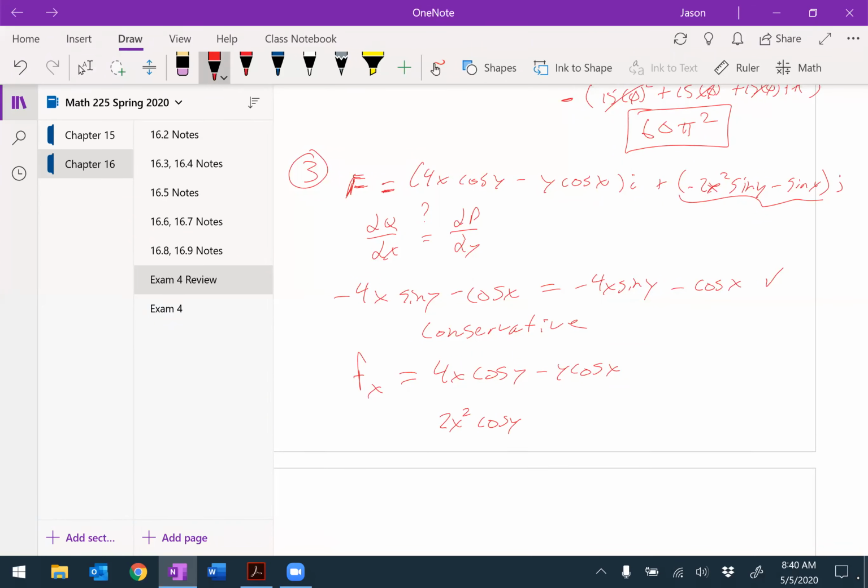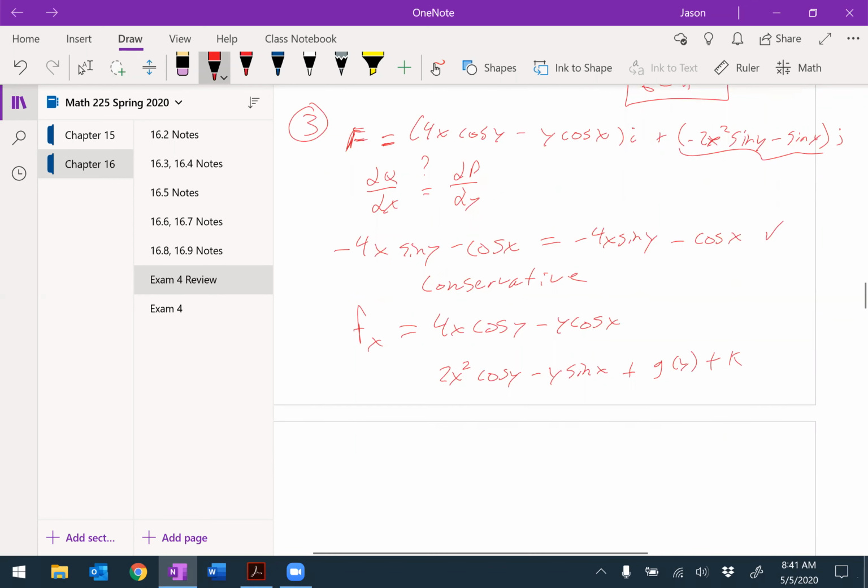Integrate cosine, that goes back to sine, so minus y sine x, plus some function in terms of y, plus k. Because we don't know if there was a function in terms of y that got partially differentiated out and just became 0. So we'll put that g of y there.